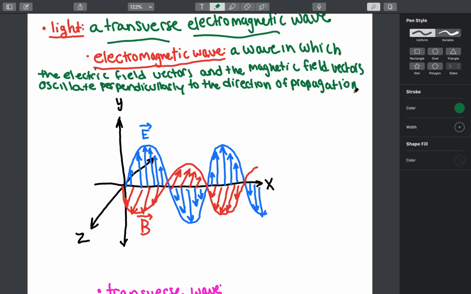So there's also a lot of big words in here as well. So let's sort of give you a rudimentary understanding of an electromagnetic wave.